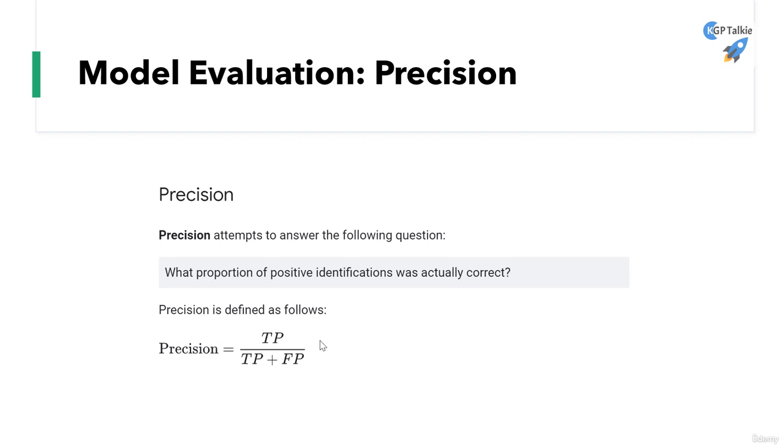So the true positive count is 90. Overall, the positive cases which the algorithm predicted were 95. So the precision is 90 divided by 95, which will be somewhere around 95%.